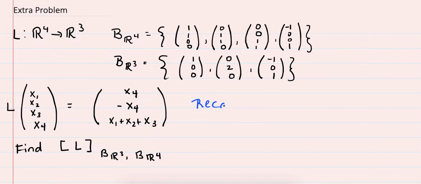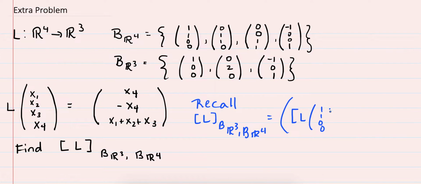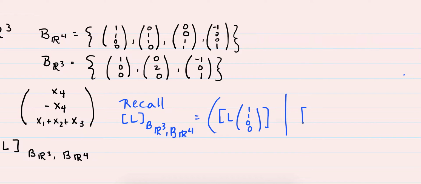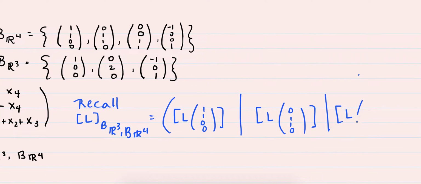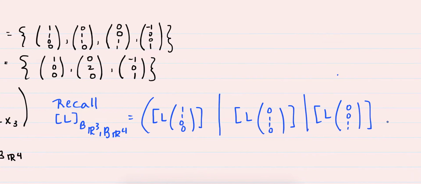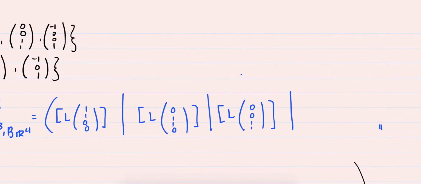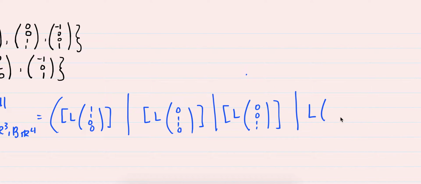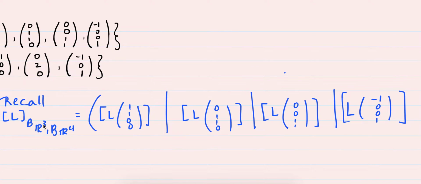So let's recall what this matrix actually looks like. We take this basis right here in the order that the basis vectors are presented, and we plug each one of them into L. And then once we plug these into L, we write them in terms of this basis, the one in the front.